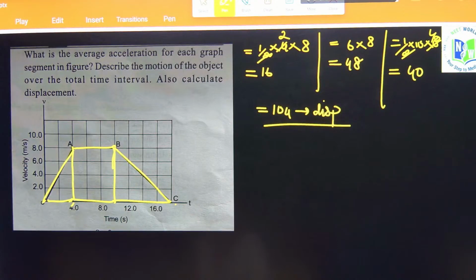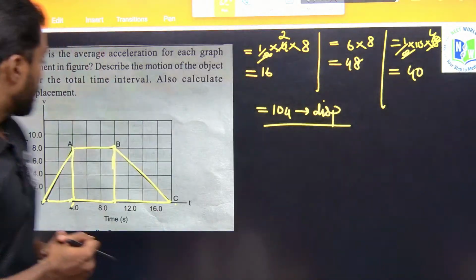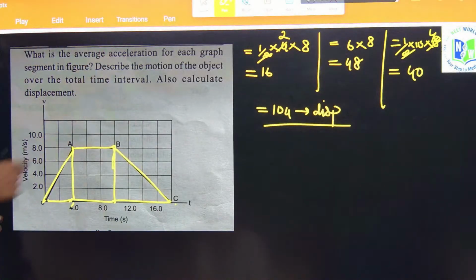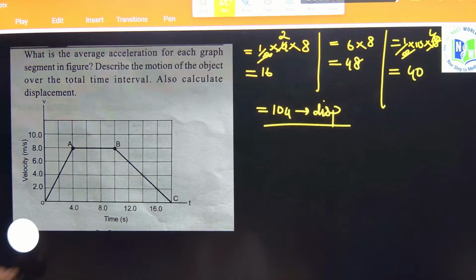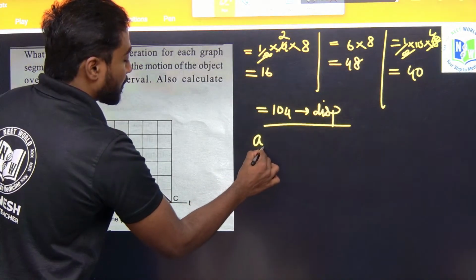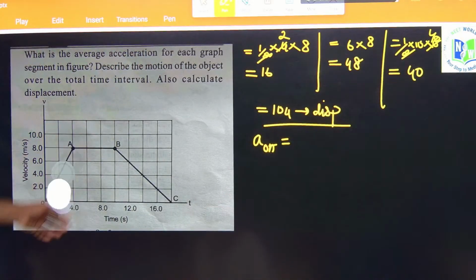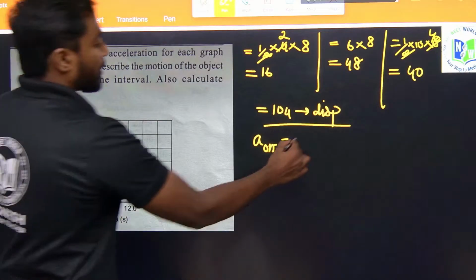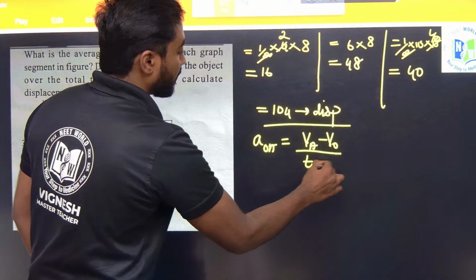Okay. So what is the average acceleration they are asking? Average acceleration, what is the meaning of acceleration? Change in velocity with respect to change in time, right? So for O to A, the average acceleration should be equal to VA minus VO by TA minus TO.